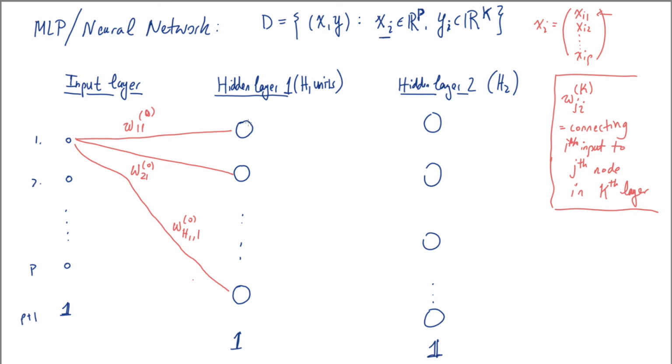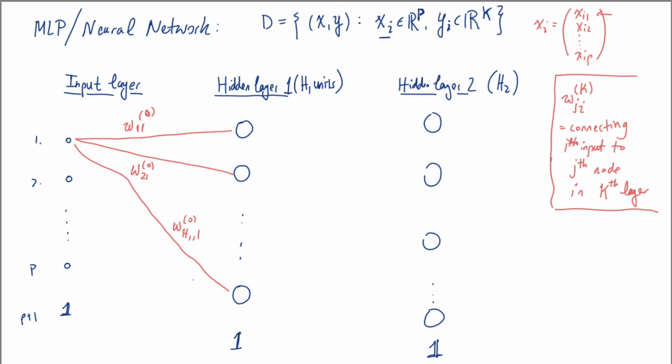The node that's receiving the weight, so here this is the first node in the first hidden layer, is going to be the first subscript. So that's why this is node 1, node 2, node h1. That's why in these weights, the first element is 1, 2, h1.